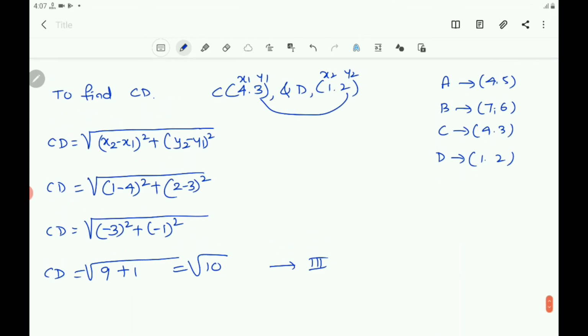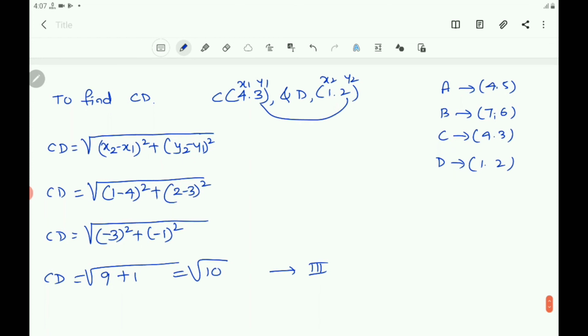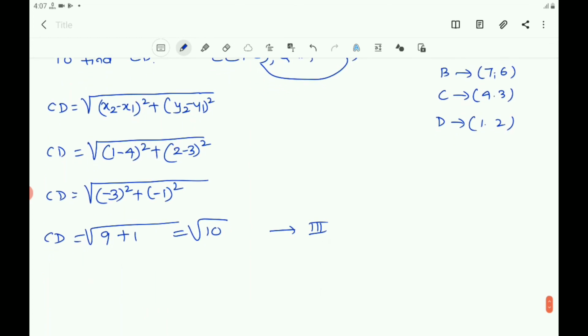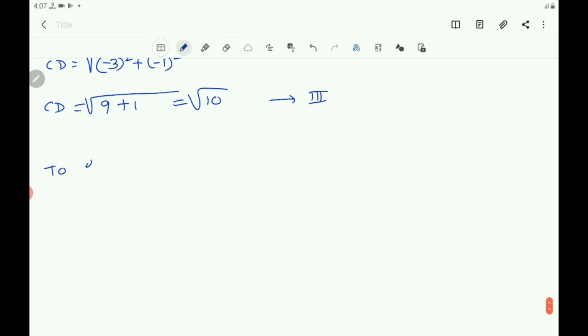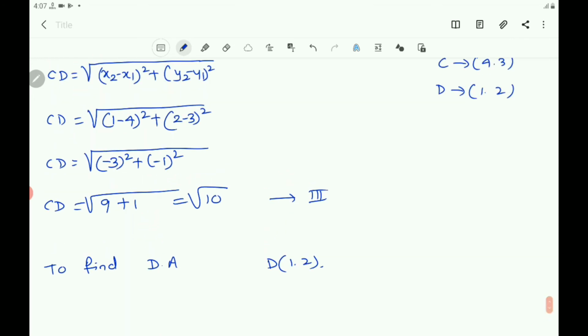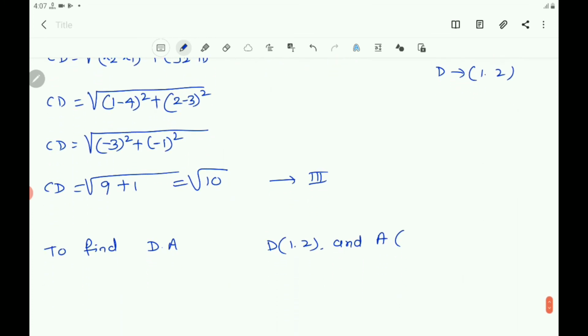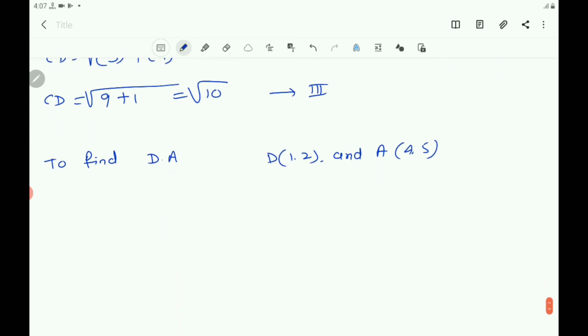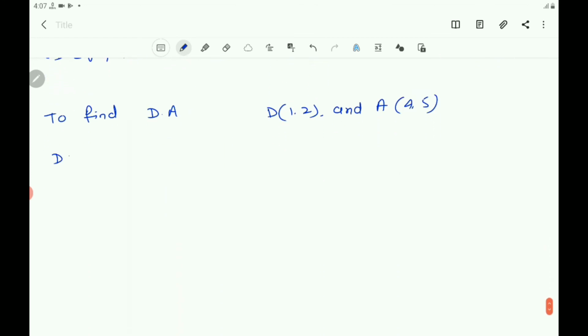Next you find DA. D is a point with coordinates (1, 2) and A is a point with coordinates (4, 5). Write DA with the distance formula: DA equals whole root of (x2 minus x1) whole square plus (y2 minus y1) whole square.